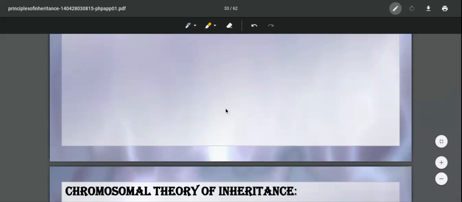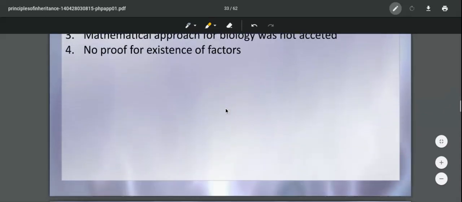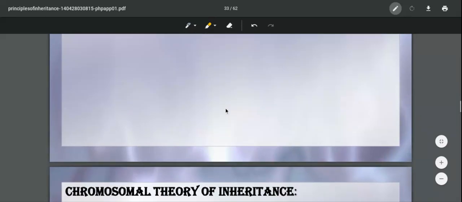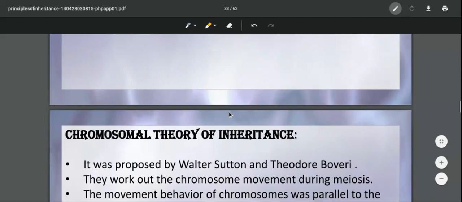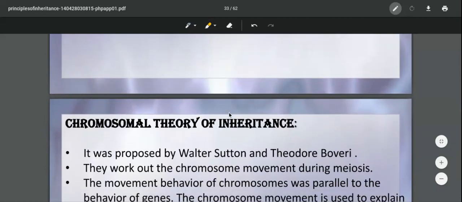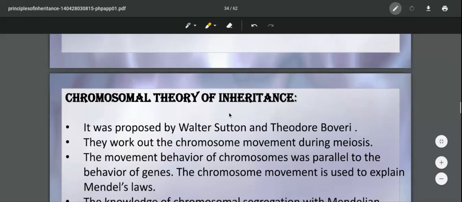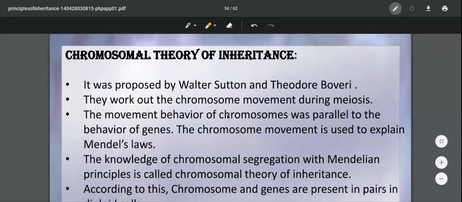Now, in the 1900s, what happened? In the 1900s, we had many scientists, and some who are named in your book are Derives, Correns, and Shermark. So these people independently rediscovered Mendel's results on inheritance, because by that time, that is by the 1900s, there was already an advancement in microscopy.